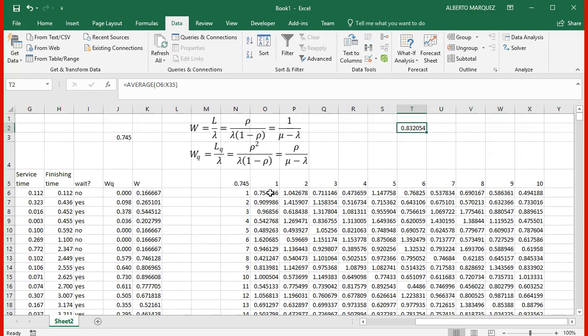And the average comes to be 0.8320. The results from the queue, in theory we would expect W to be 1.